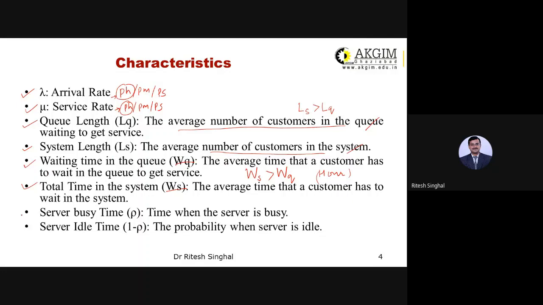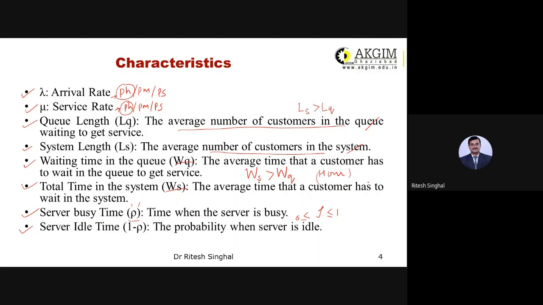Then we have rho, which is called the busy time of the server, and this is also known as the probability that the server is busy. And when you say it is a probability, the value of rho would be between 0 and 1. Similarly, when you subtract this value from 1, that is 1 minus rho, this would be the idle time.